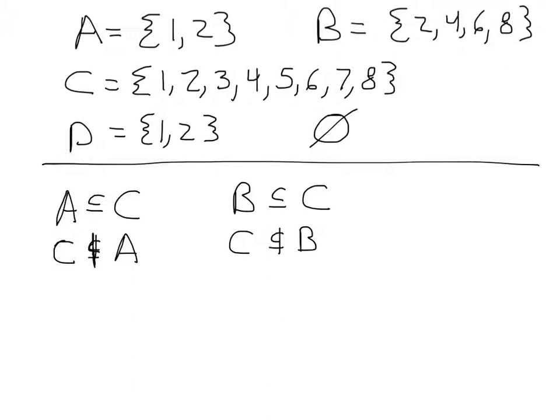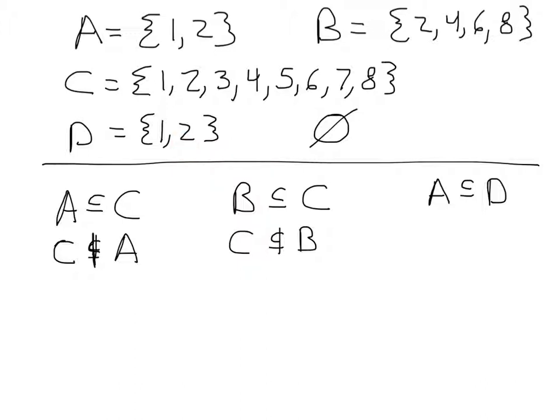So let's take some more interesting things. First off, if I look at A and D, it turns out that A is a subset of D. Remember, our definition is, does every single element in this set exist in this one? And since they're equal, yes, they are subsets.